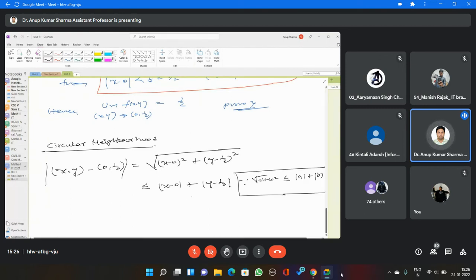So by this property we can write, and after that, it is again less than something we assume here: delta plus delta, which is equal to 2 delta.